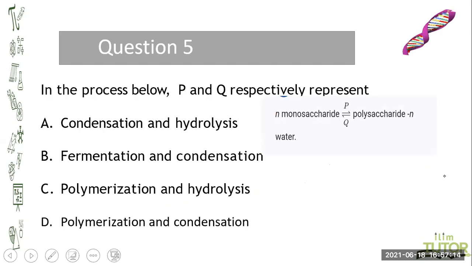Question 5. In the process below, P and Q respectively represent what? All right. You can see a mono, and a poly: monosaccharide and polysaccharide. In this case, we are talking about carbohydrates, where I have two molecules being joined together.